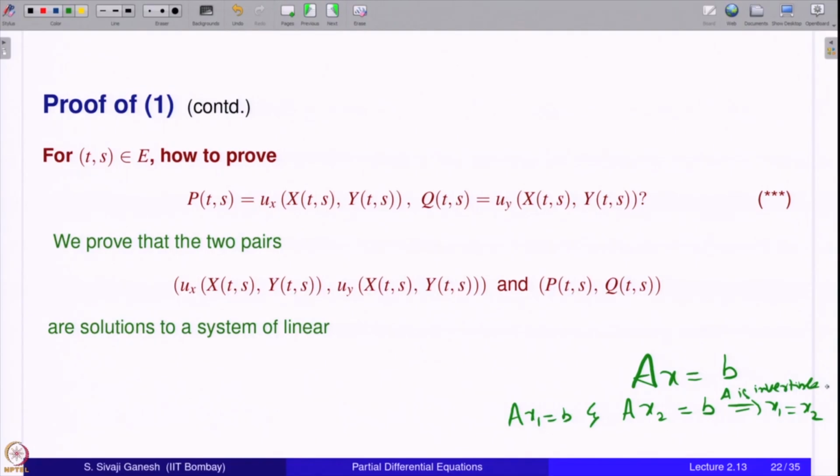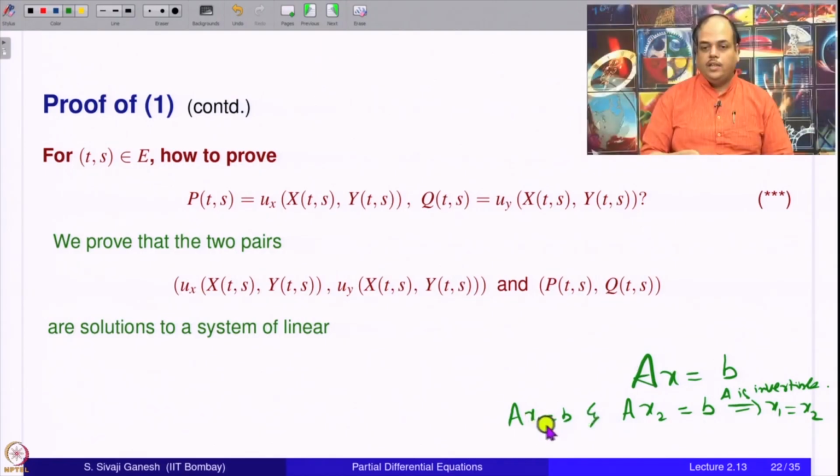Okay. The solution is unique. So, we are going to derive this system of linear equations which both the pairs satisfy, and we will show that the coefficient matrix is invertible. Therefore, the solution is unique. Therefore, if you knew Ax1 equal to b and Ax2 equal to b, then it must be that x1 should be equal to x2, and then it will follow that this pair is the same as this pair, which is triple star.